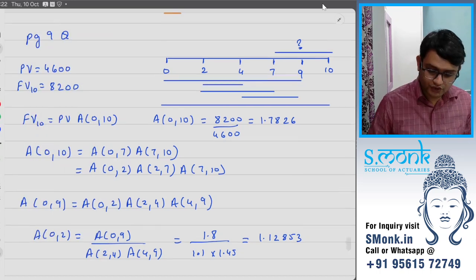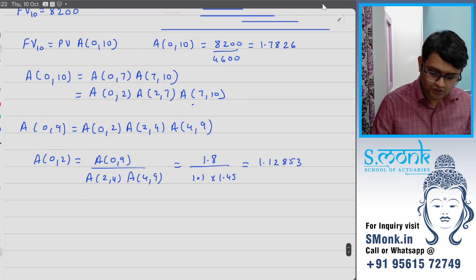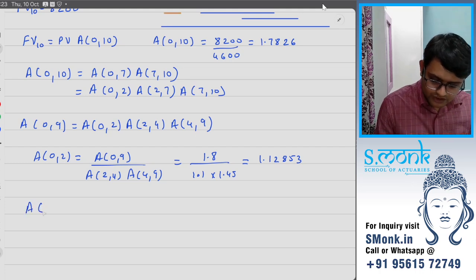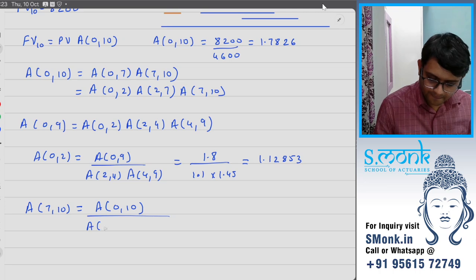So now I have 0 to 2 as well. The only unknown in this equation is 7 to 10. We'll say accumulation 7 to 10 will be equal to accumulation 0 to 10 divided by 0 to 2, 2 to 7.